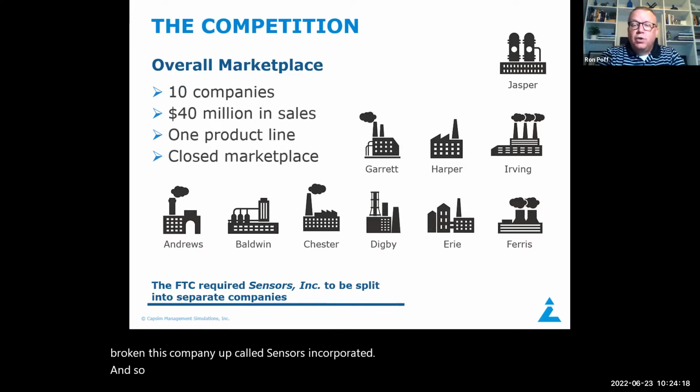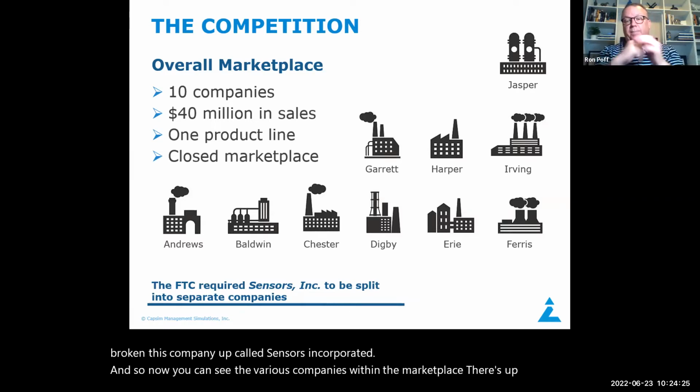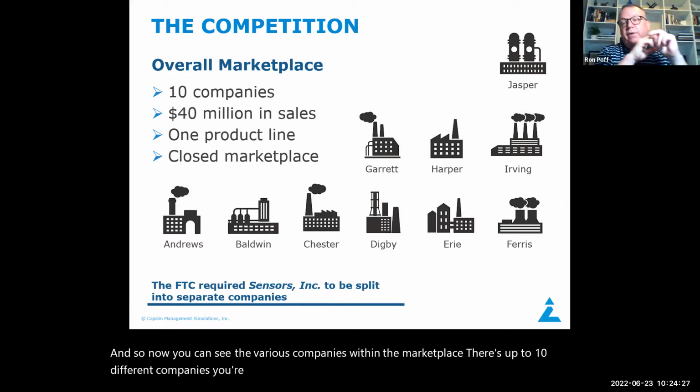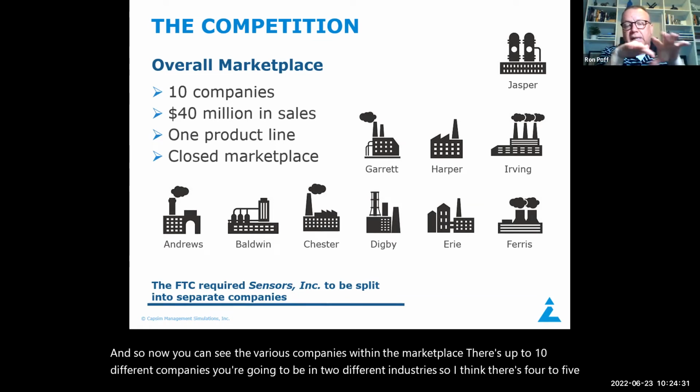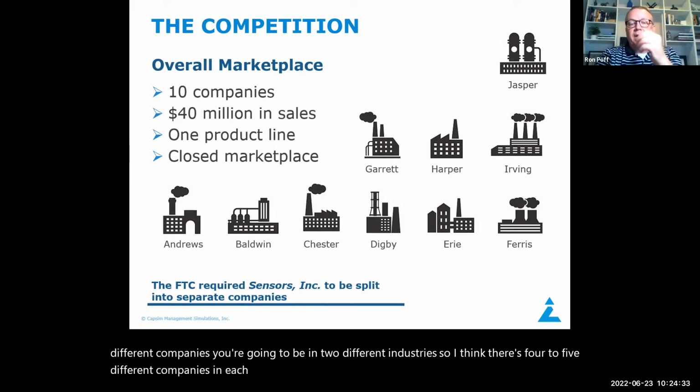So now you can see the various companies within the marketplace. There's up to 10 different companies. You're going to be in 2 different industries. So I think there's 4 to 5 different companies in each industry. $40 million in sales, 1 product line, and it's a closed marketplace.